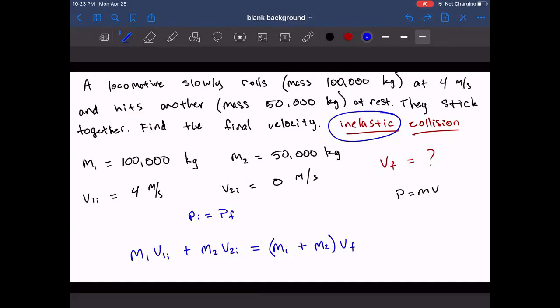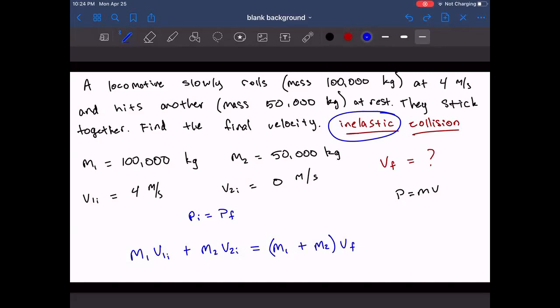So now what do I do? You want to find the final velocity, and that's on the right-hand side of the equation, by moving the m1 plus m2.